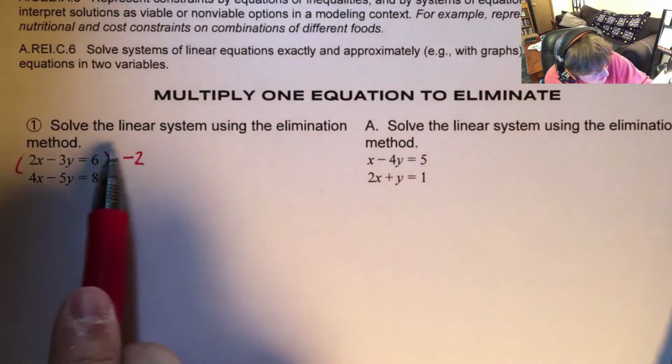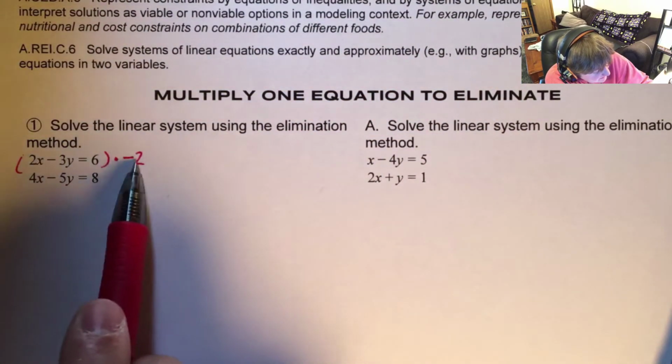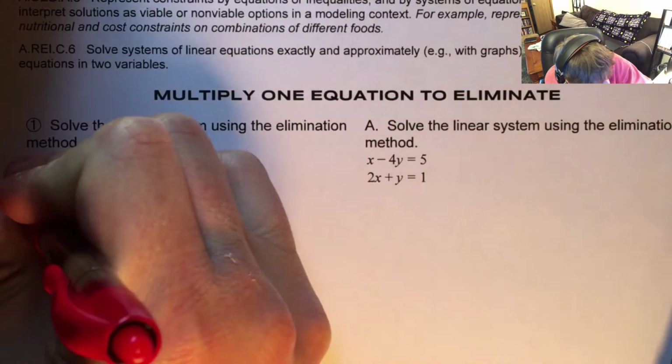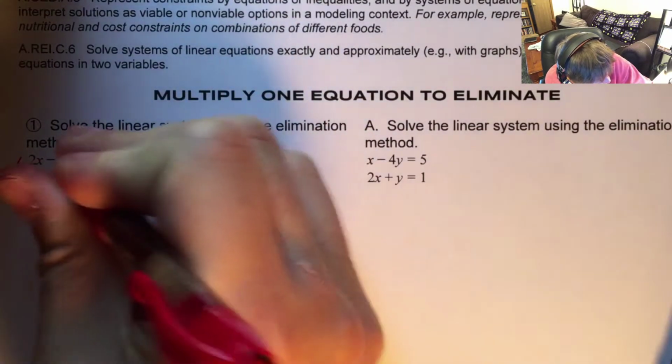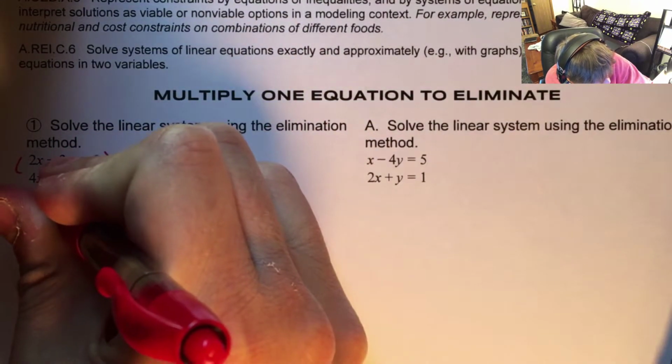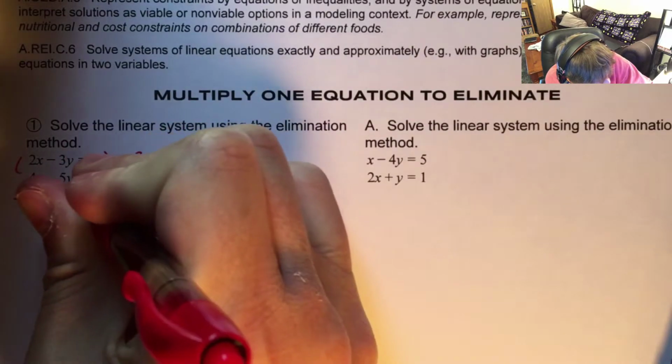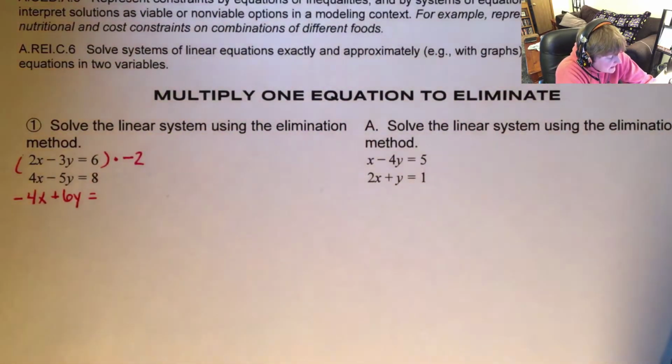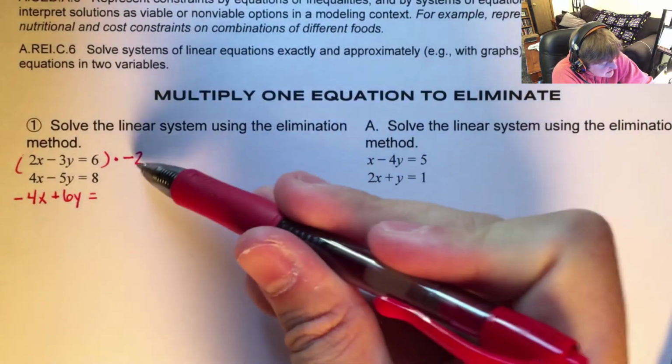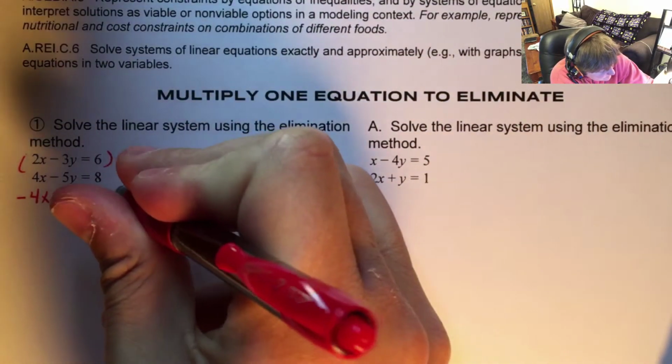So we basically just have to distribute this across. -2 times 2x is -4x. -2 times -3 is a +6y. And -2 times 6 is -12.